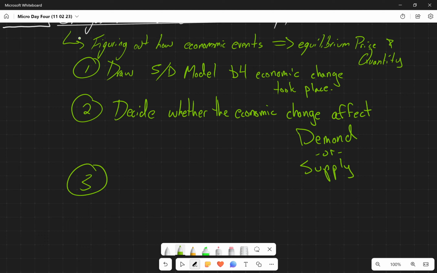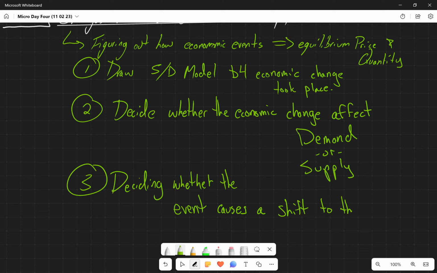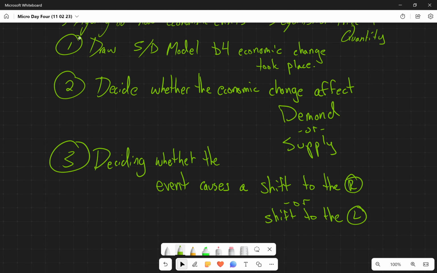The third step that we have is then deciding whether the event causes a shift to the right or a shift to the left, and then, whatever it is, draw it. Draw the new curve on the diagram.